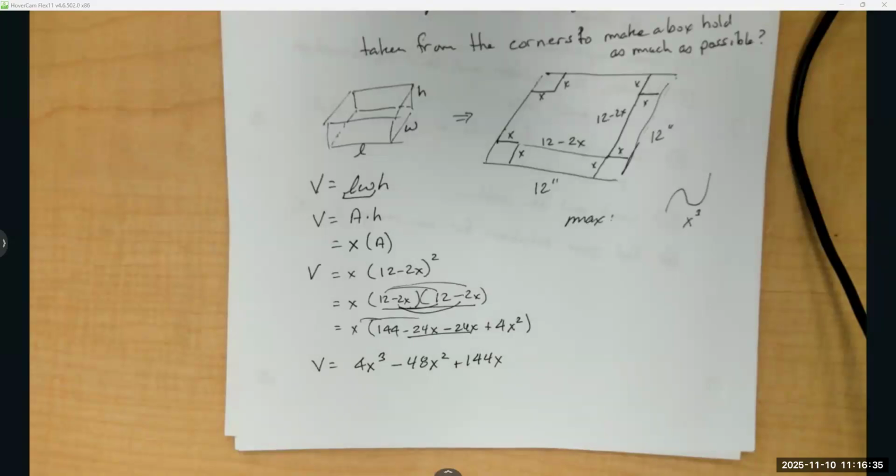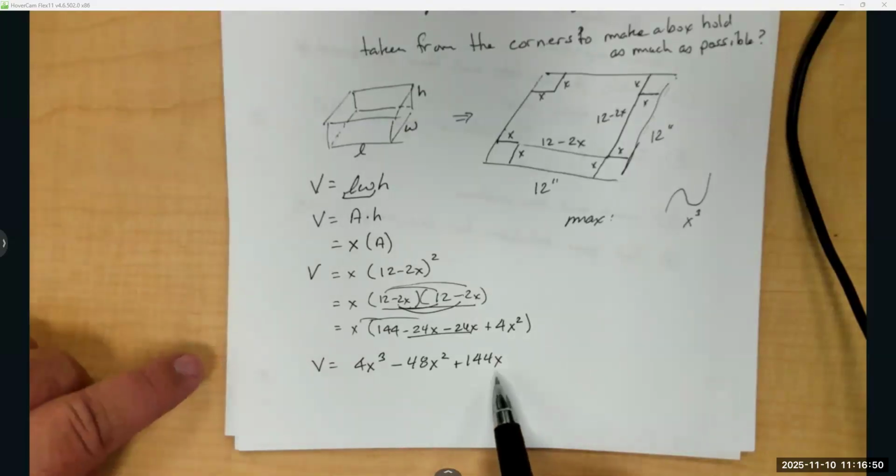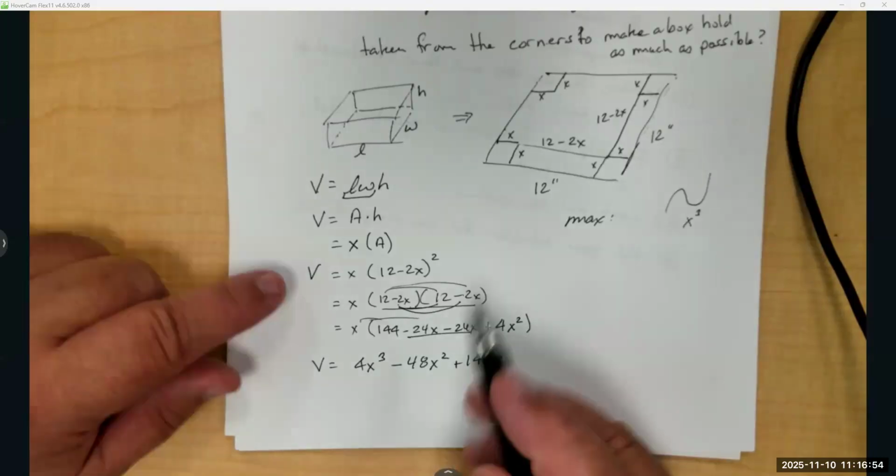Now what do we do with it? We're looking for a maximum, a vertex, as you said. How do we find the vertex? If we set this equal to 0, what would we find? Let's do that.